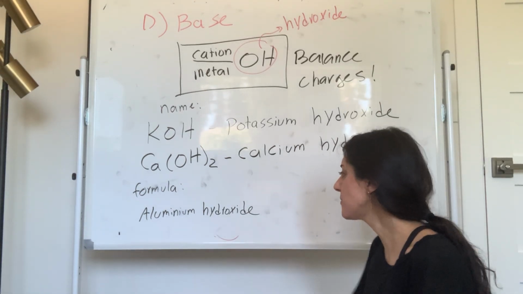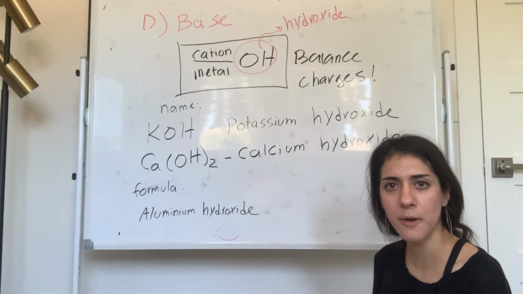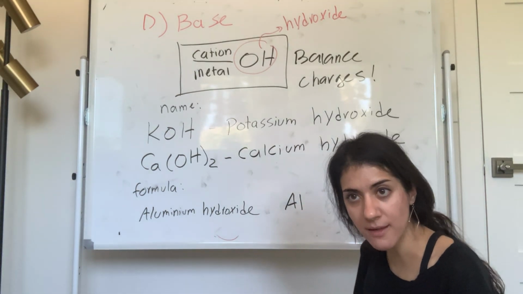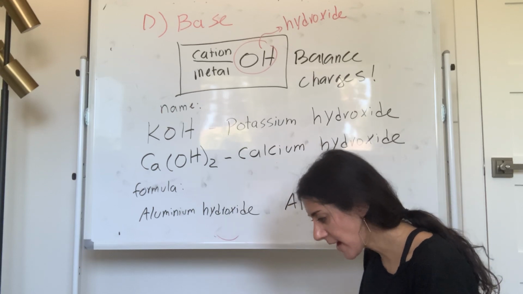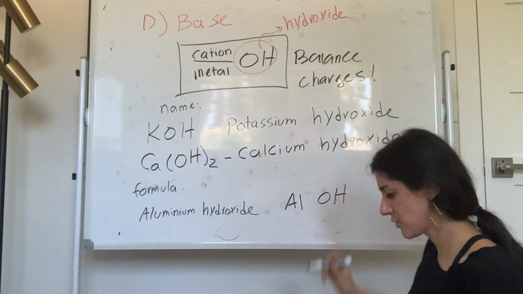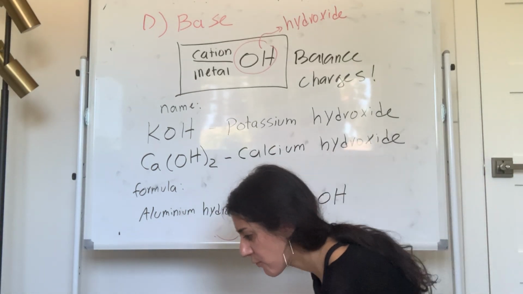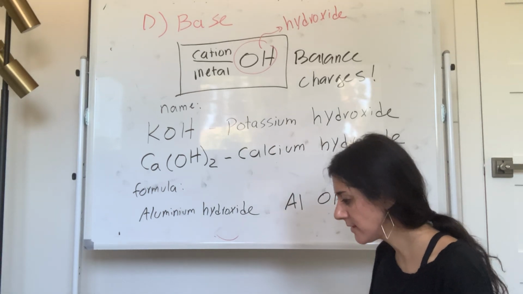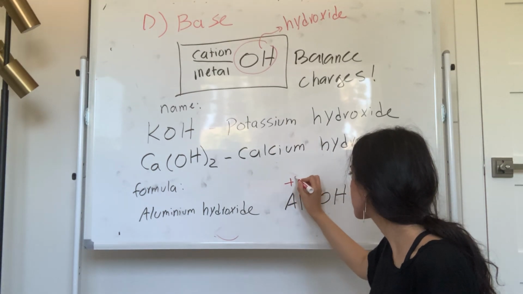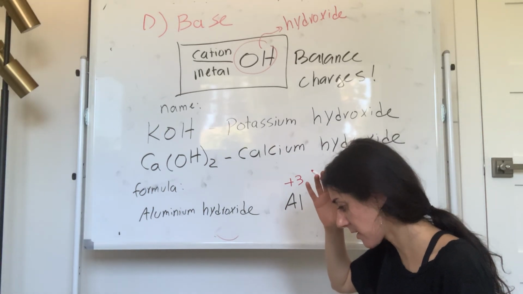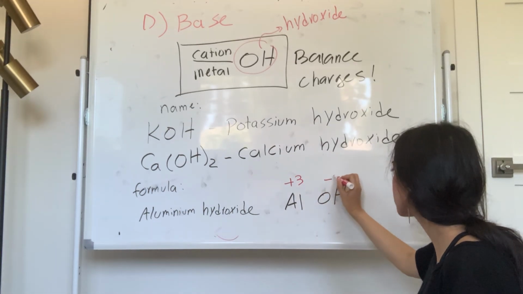So far so good? Okay. Now this one, I asked you to write a formula. Aluminum is Al. Hydroxide is a polyatomic ion. You know that. It's OH. Now we said for bases you have to balance the charges. Aluminum is +3 and OH, look at the polyatomic ion chart, OH is -1.